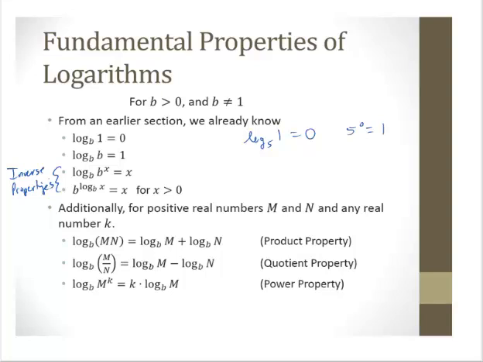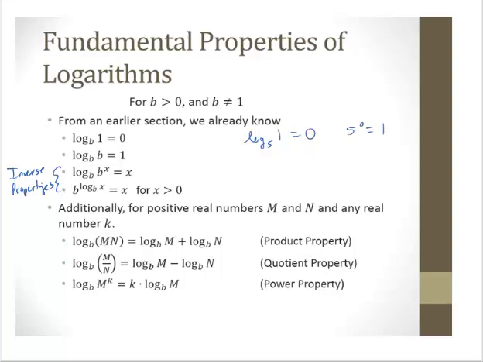Now we have some additional properties that we can use in helping us solve equations. For positive real numbers m and n and any real number k, the log base b of a product, if I'm taking the logarithm of a product of numbers, I can write that as a sum of logarithms. The log base b of m times n is the log base b of m plus the log base b of n.